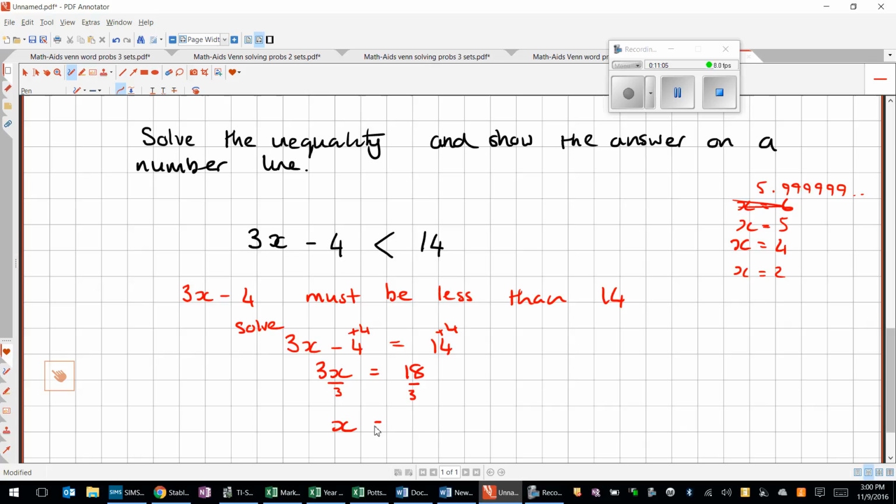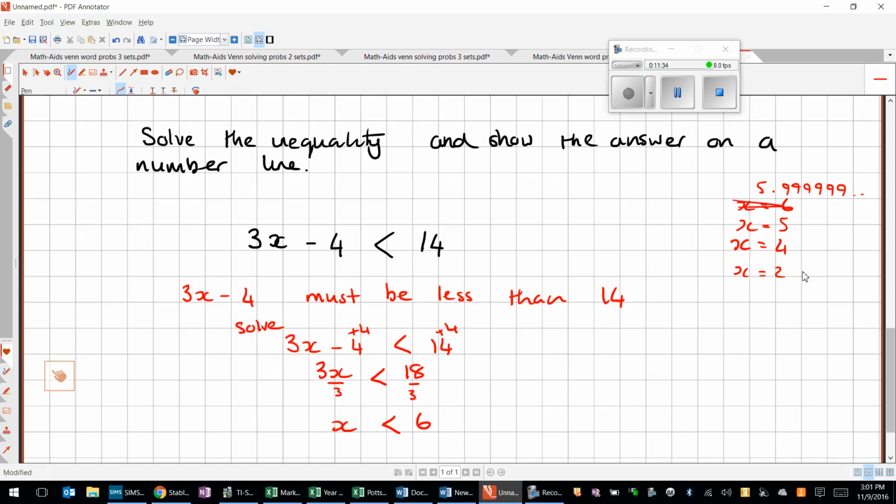And then what you do is, instead of the equals, you put the sign back in. We learned this. What I have to do is check that if I pick a value for x that's less than 6, I do get an answer less than 14. You can't do 6, which is your barrier, so it's 5 or 5.9.